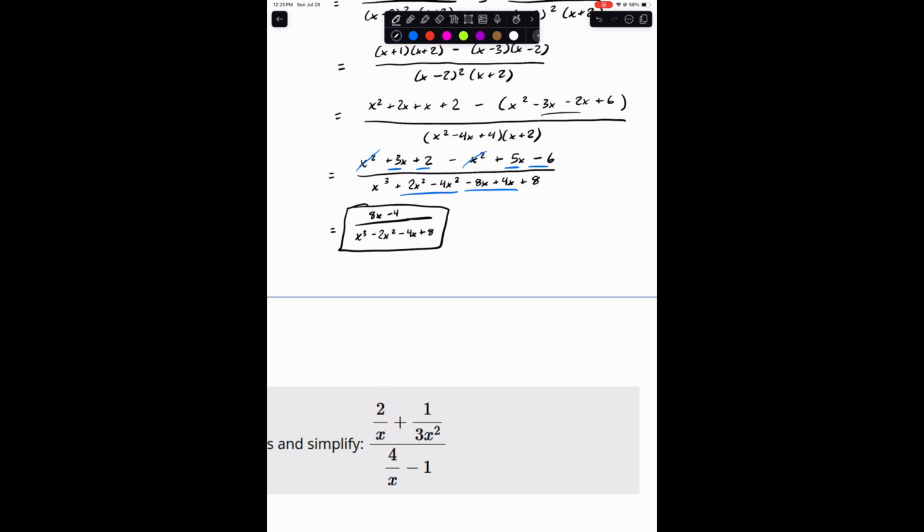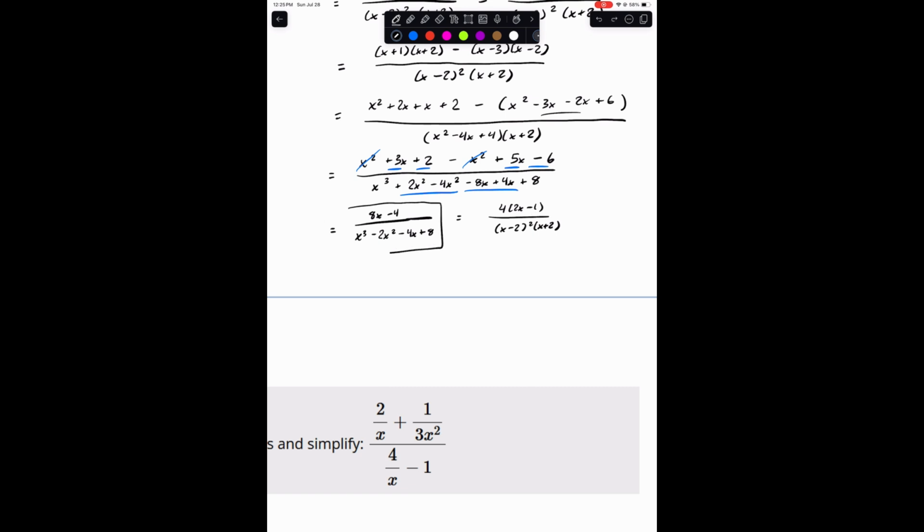Oh, actually, I should note that this top, if you take out 4, gives you 2x minus 1 over the whole thing, right? And if I go back to the factored form, it was x minus 2 squared, x plus 2. I should have left it factored first and then expanded, but luckily this cannot be cancelled out.